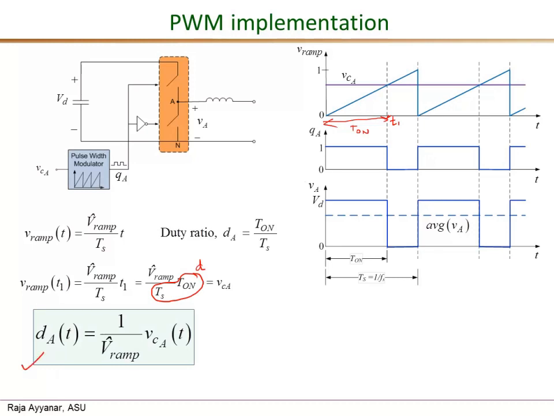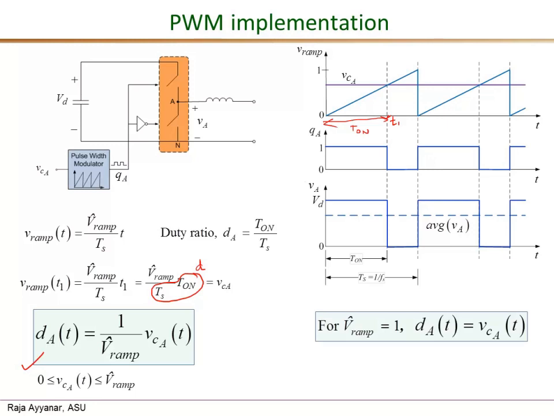And in particular, if your Vramp peak is exactly 1 volt, which is what we'll be using in much of our analysis and simulations, and many times in practice as well, then this expression simplifies to D equals simply VCA, because Vramp peak is just 1 volt.